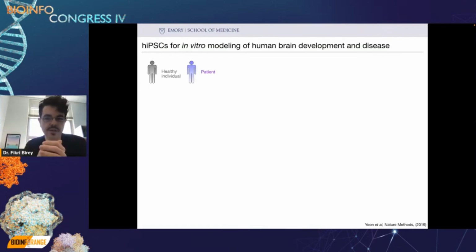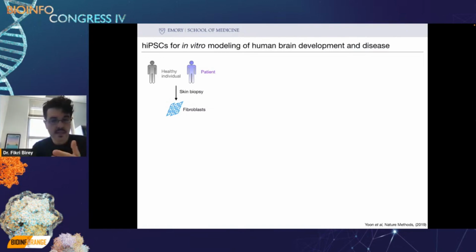this huge potential for personalized medicine, really enabling one to have access to any kind of cell type of interest directly from individuals. And I'm going to outline a typical workflow here, which starts by harvesting the somatic cells.